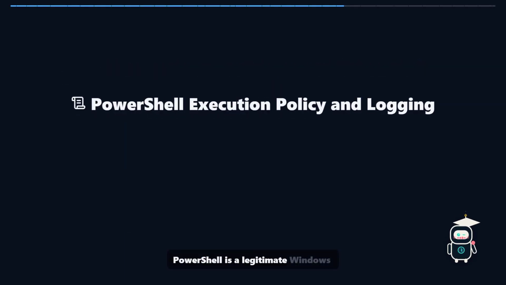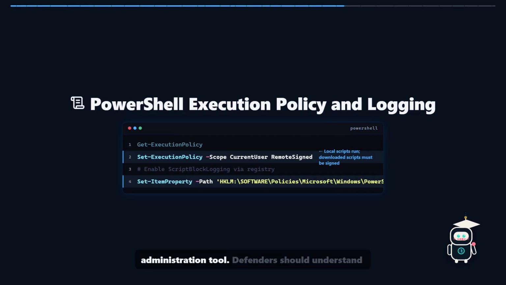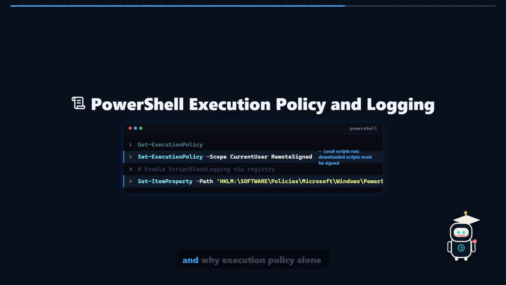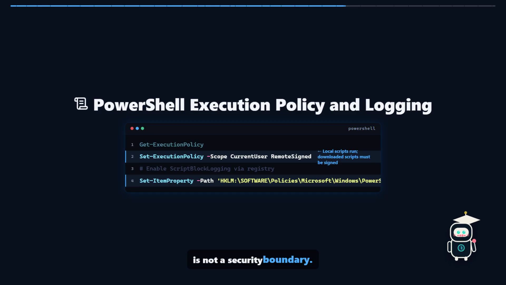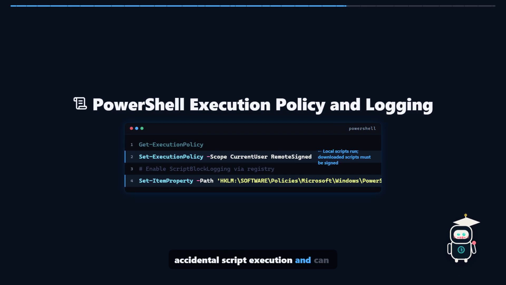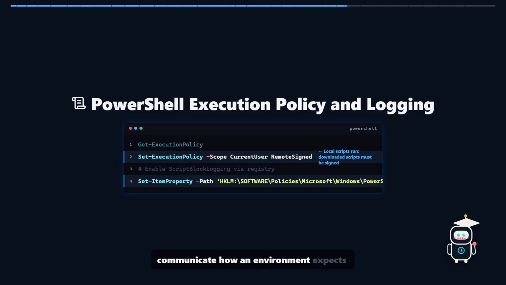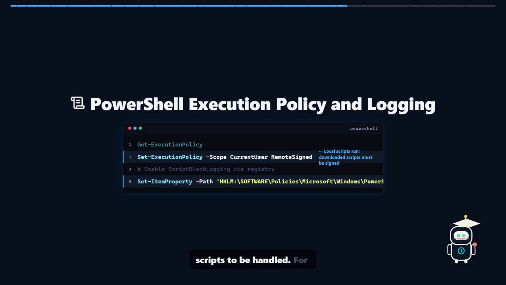PowerShell is a legitimate Windows administration tool. Defenders should understand both how it is managed and why execution policy alone is not a security boundary. Execution policy can help reduce accidental script execution and can communicate how an environment expects scripts to be handled.